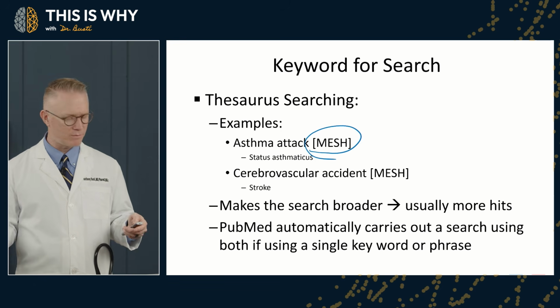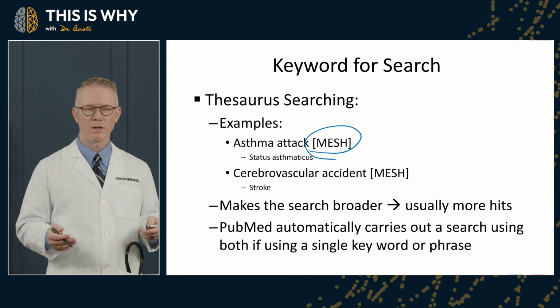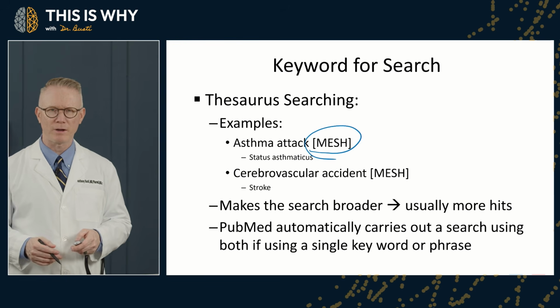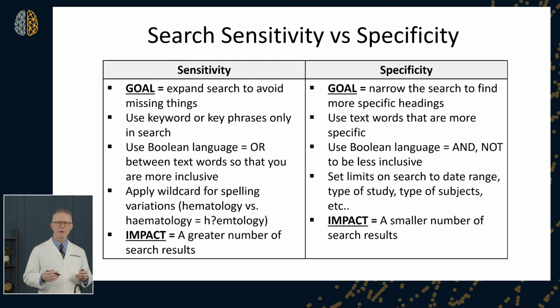Okay, but the ultimate goal is that you find the right paper for the best available evidence for that patient care scenario. And so when we think about search sensitivity and specificity, that's what all of these things are being considered, right? So for example, if I'm adding more words to consider, well, then I'm going to make my results greater in number, so I'm not likely to miss it, but that's going to increase my search sensitivity.